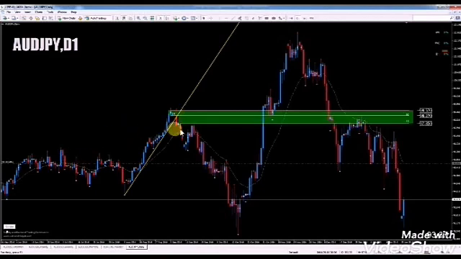Now that we are dropping and dropping, we take into account the removal of the opposing area. So this level of demand took out this area of supply. So this is demand. The trend line break is one of the two reasons why an imbalance is validated.